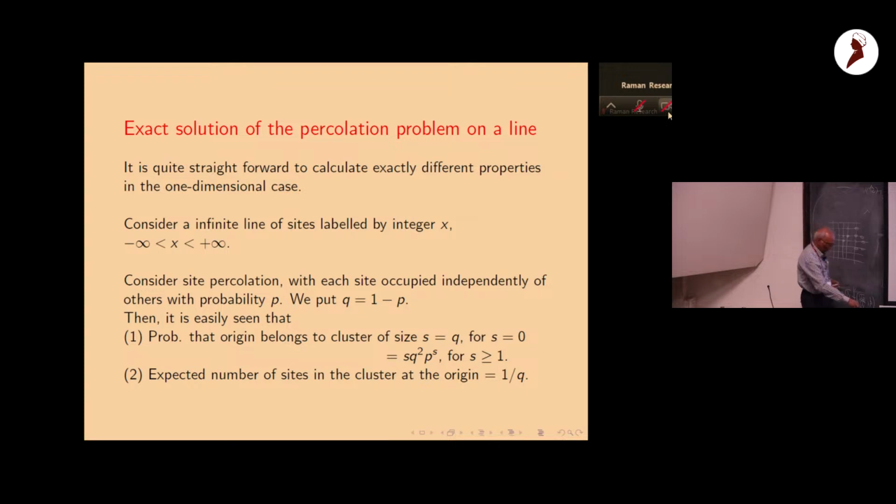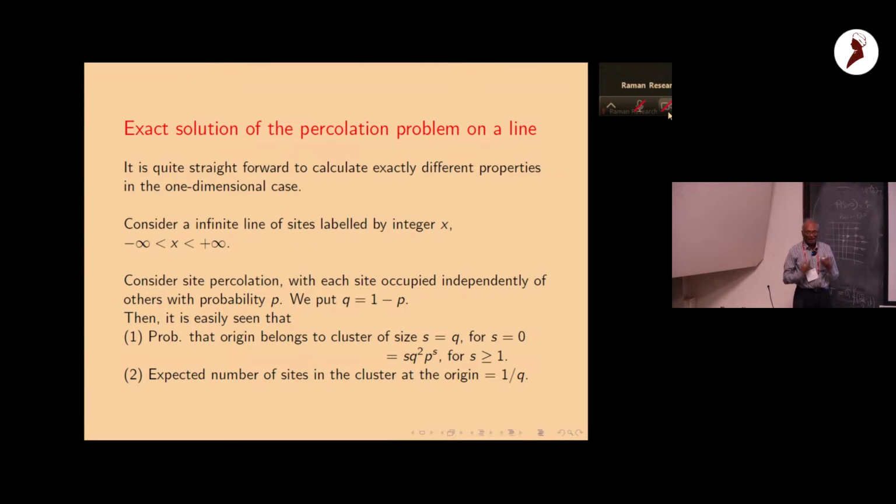So we write it down. Probability that the cluster size S is 0 is Q. What is the probability that the cluster size is 1? Exactly 1.